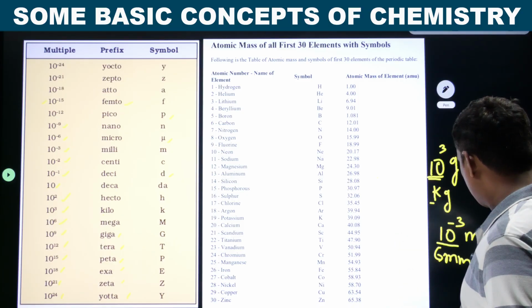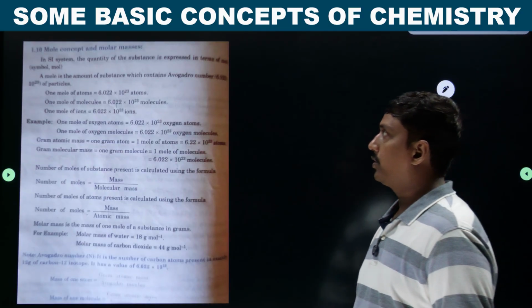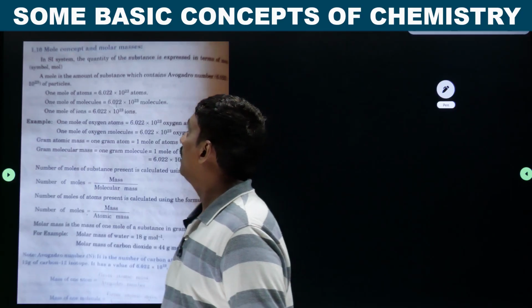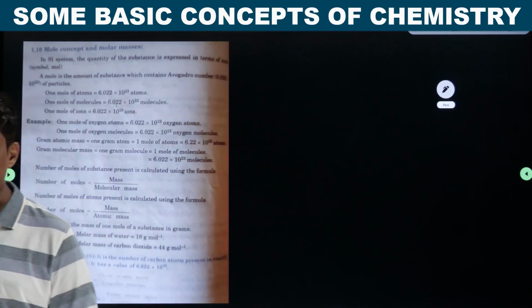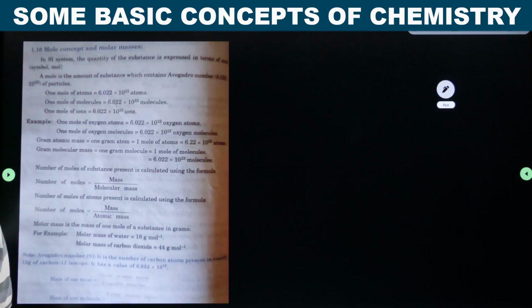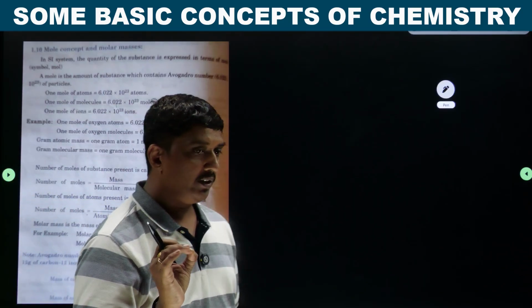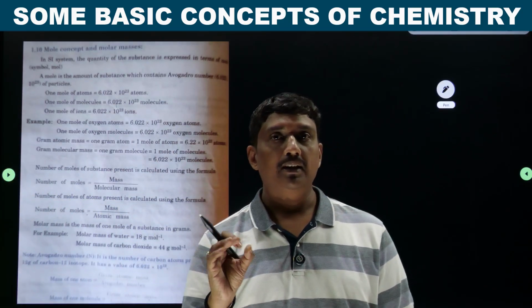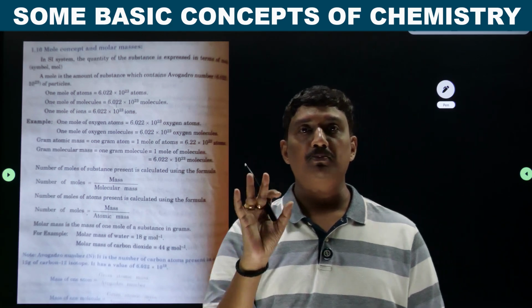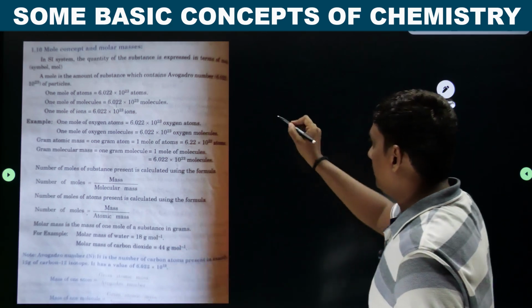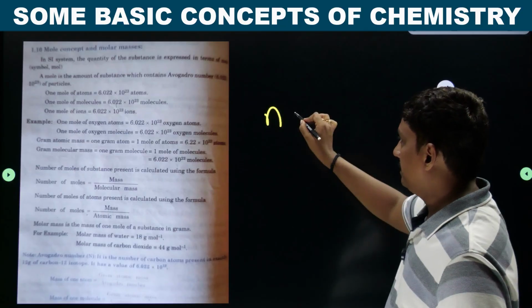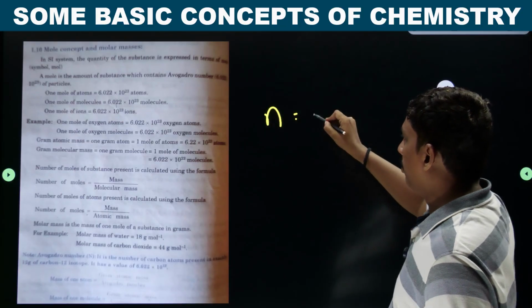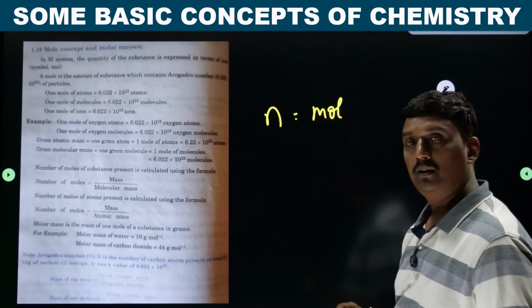Today we are discussing the concept of mole and molar masses. As I said in the last class, mole is used to express the amount of substance. Symbolically, n. The unit for mole is mol.